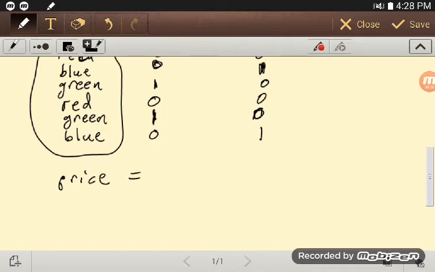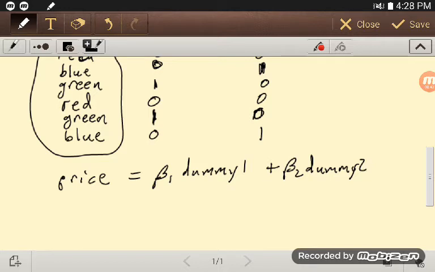So what we would do is we would try to estimate price, and we would have a beta 1 times our dummy 1, and our beta 2 times our dummy 2. And so we would estimate those slopes, and then here we would have our alpha.